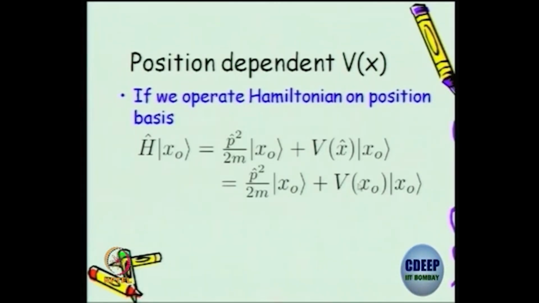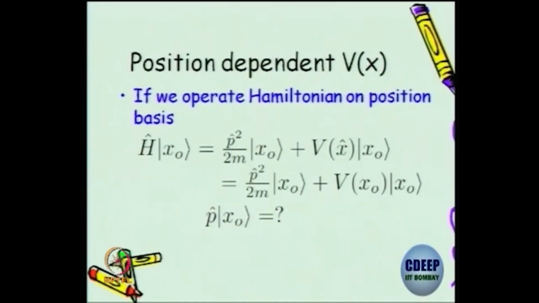This you have also tried in one of the tutorial sheets, right? If the eigenvalue equation of the x operator on x0 is x0 times x0, any function of the x operator will give you the same functional form of x0. You recall? So I have just written. So p with x0, the question still remaining is, what is p with x0?